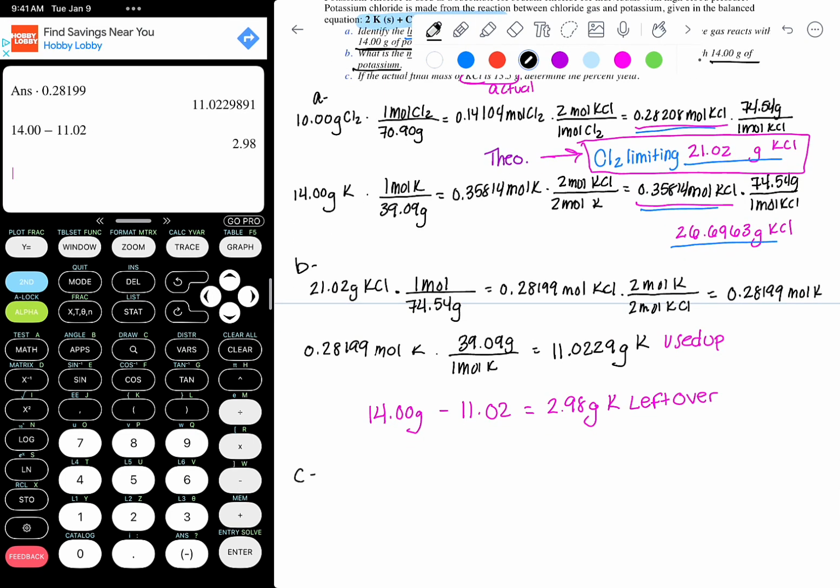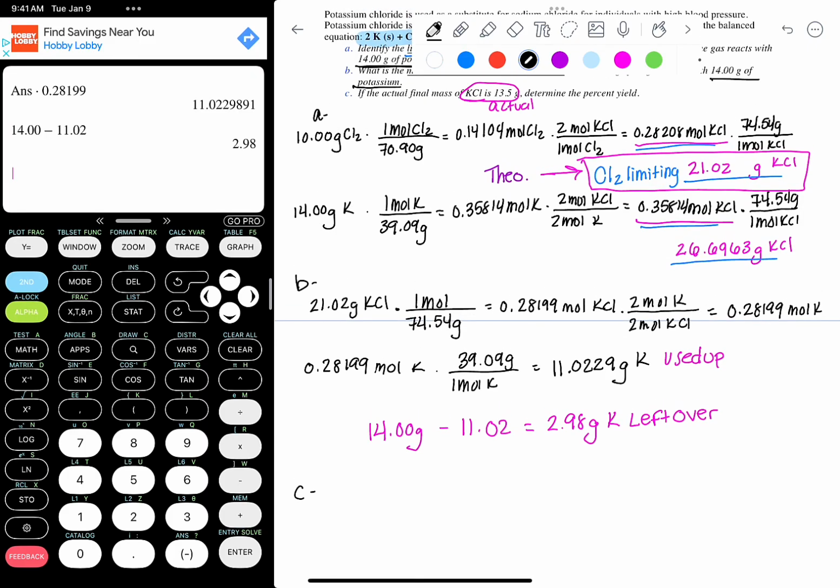Meaning that for the last part of this problem, C, all we have to do is take our actual yield, which is 13.5, divide it by the theoretical yield that we've already calculated in part A, and multiply that by 100.